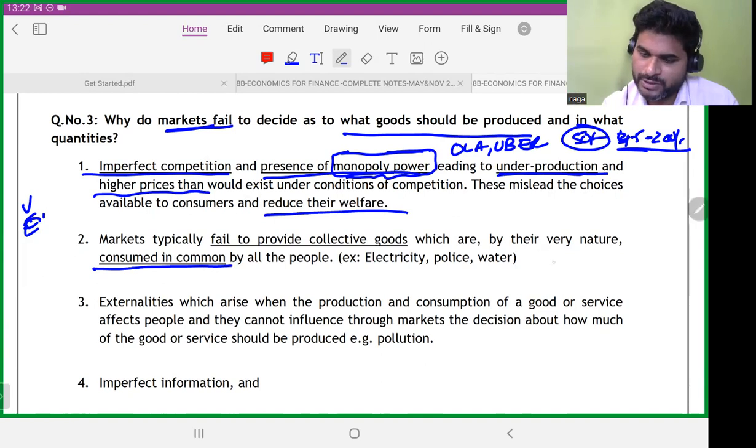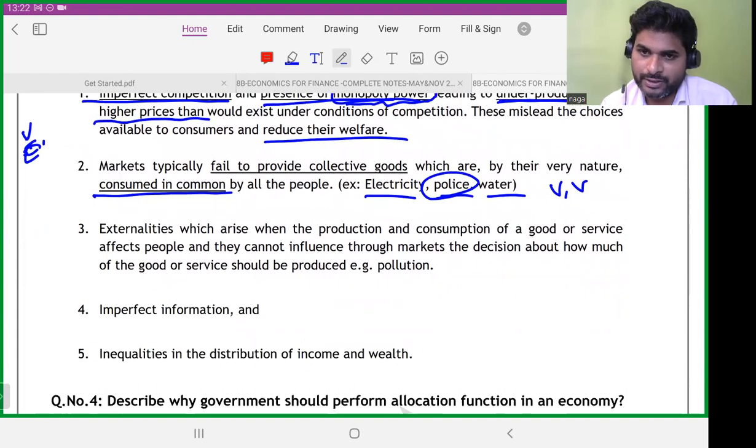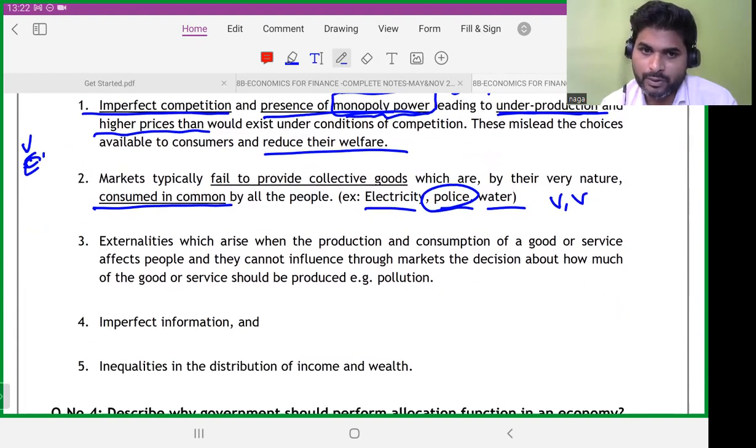For example, those vegetables we spoke about, vaccines, electricity, police, water. What if we leave the police force to a particular private agency? Very difficult. You cannot imagine. So these things cannot be done by the private sector, so the resource allocation related to this should be done by the government.